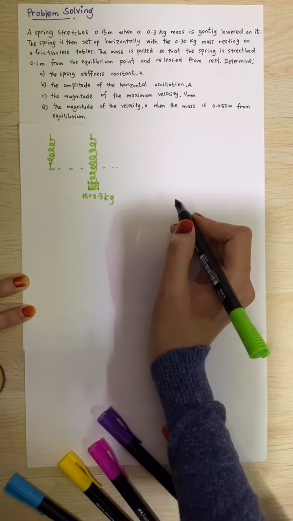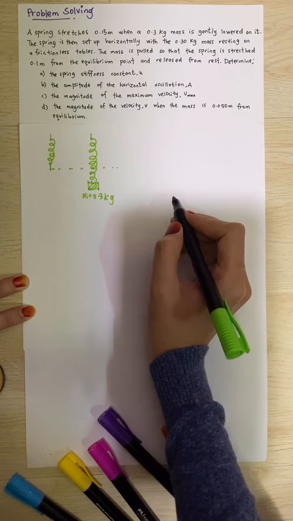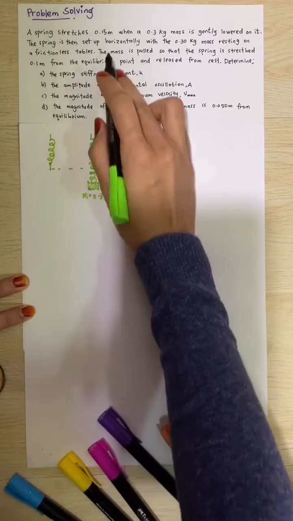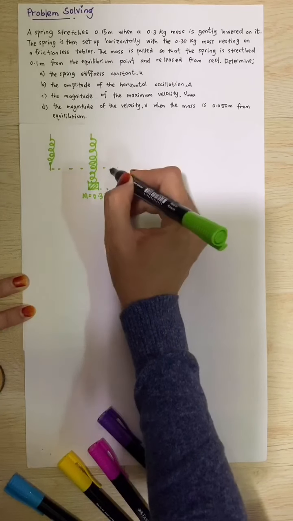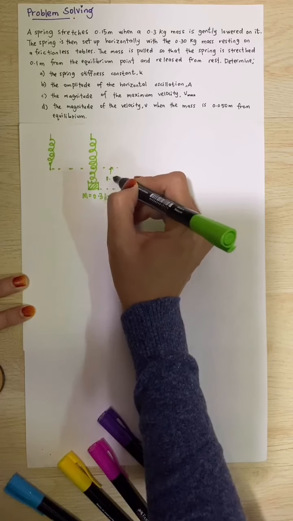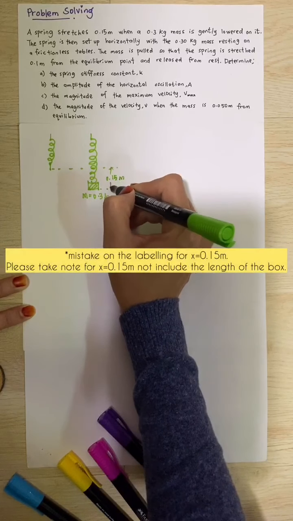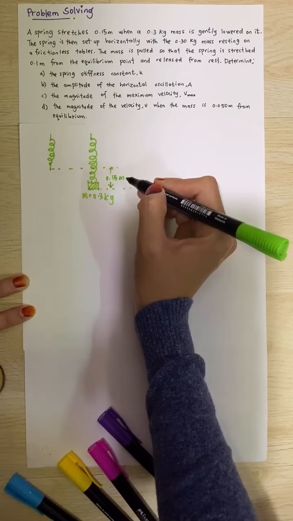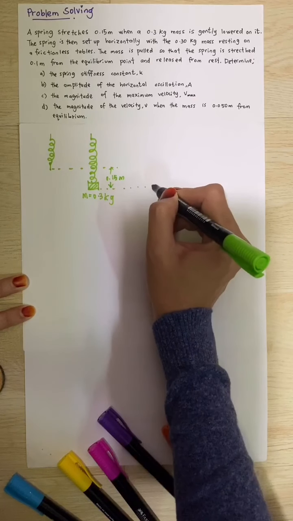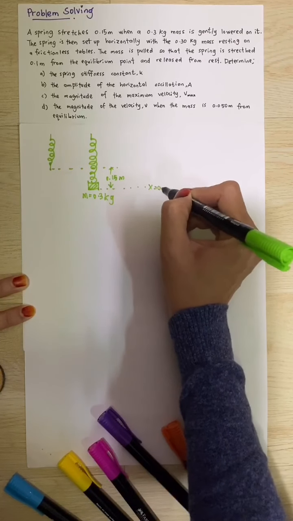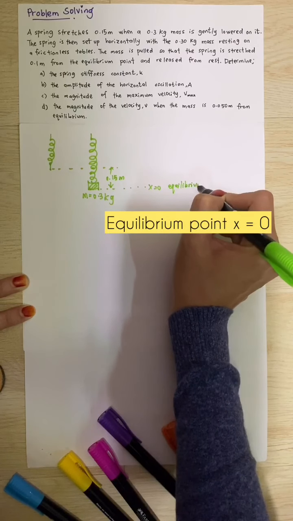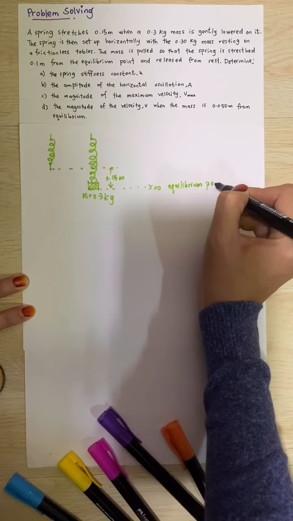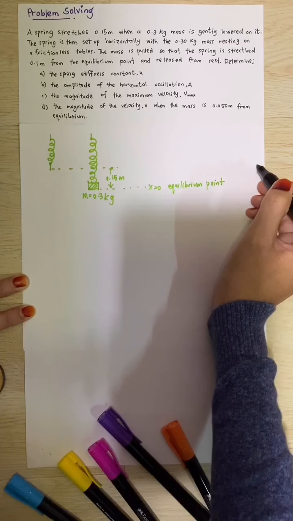At this point, the spring stretch is 0.15 meter. For a vertical spring condition, this is considered the equilibrium position. This is for a spring attached vertically.